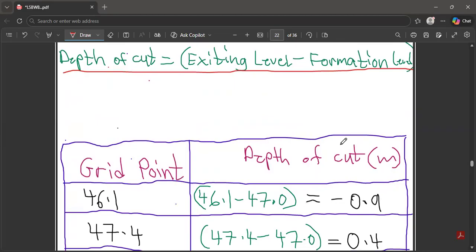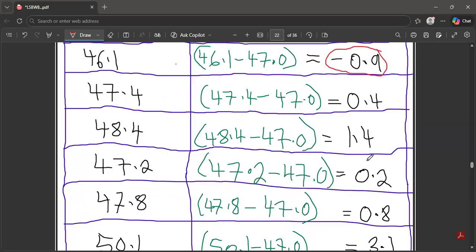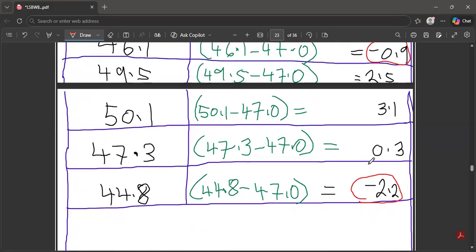We're going to add all and then we divide by the number of cuts. That is what we're going to do right now. How many negatives did we have? So our number has now reduced to 9 instead of 12.